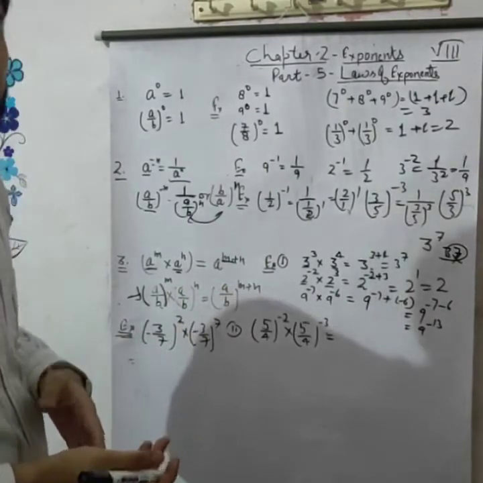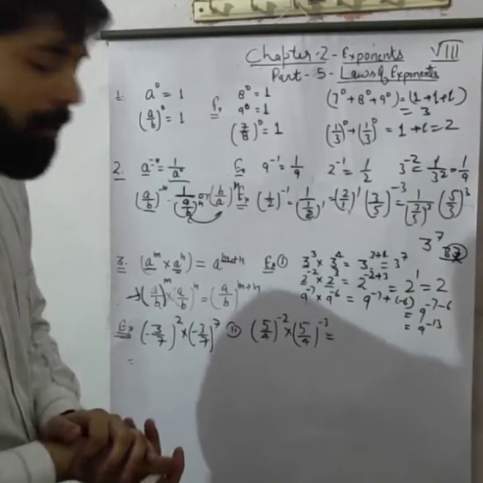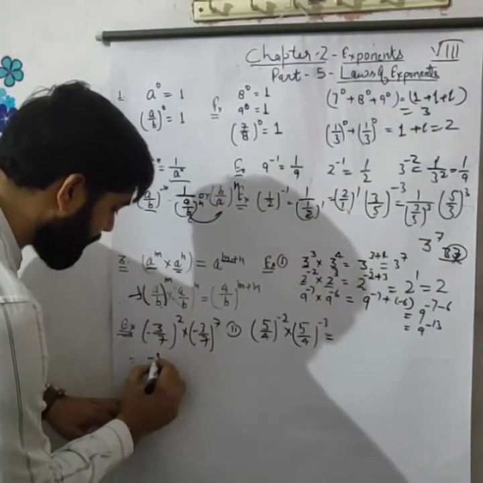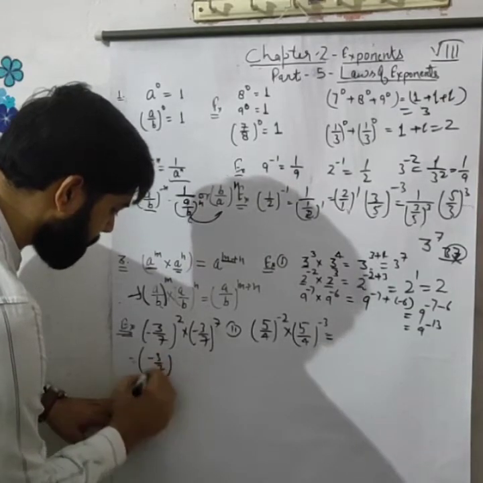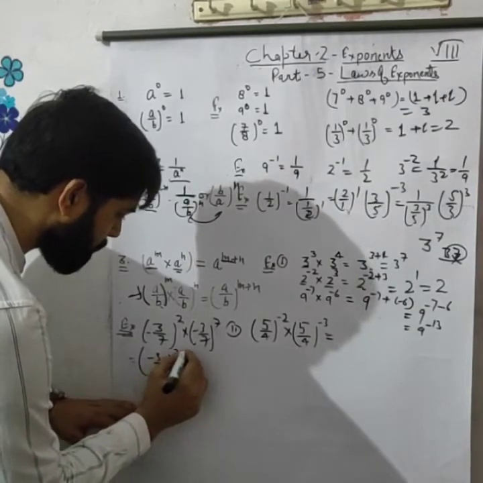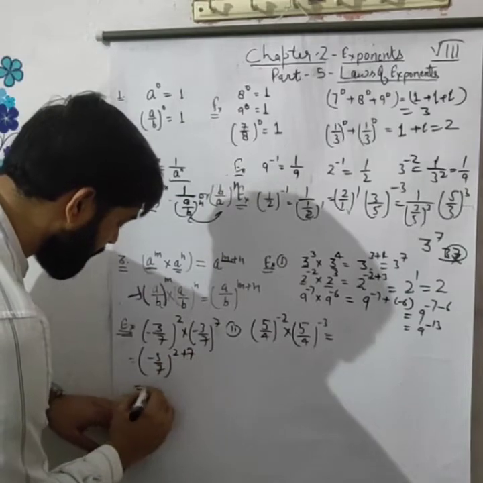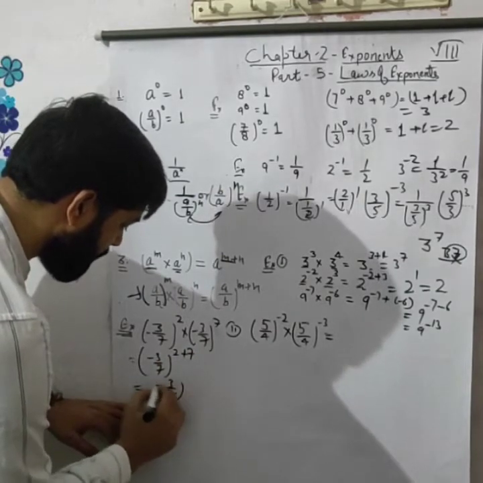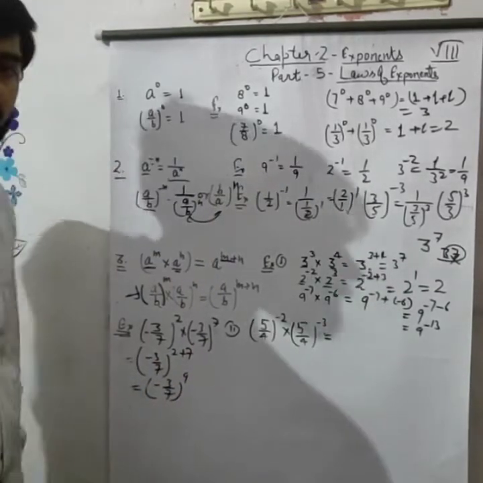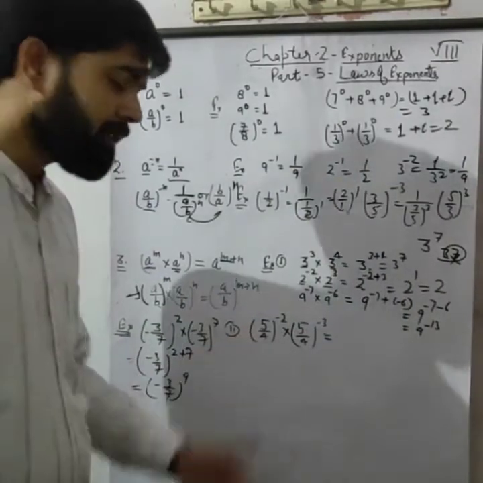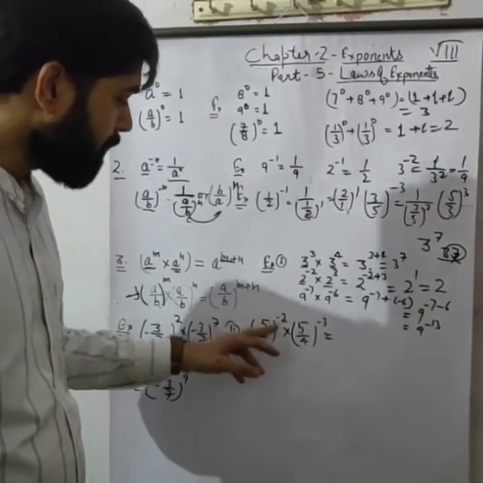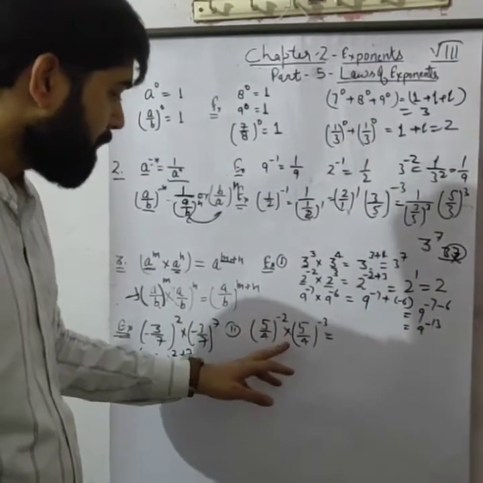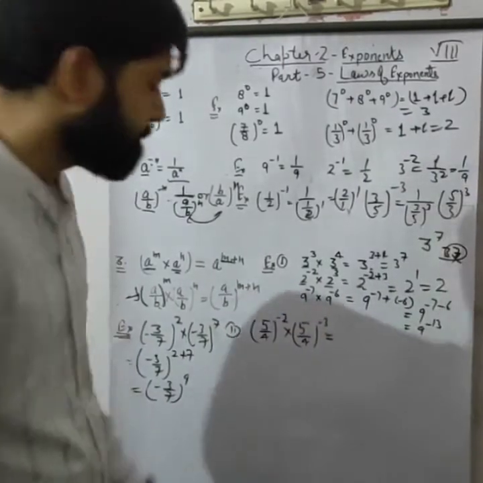It's very easy, we just add the powers. So (−3/7) raised to the power 2 plus 7, then (−3/7) raised to the power 9. This is the answer.